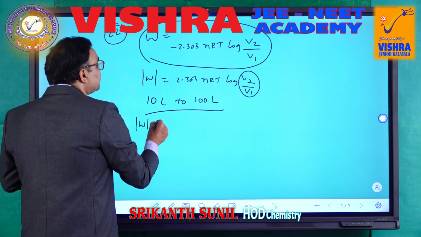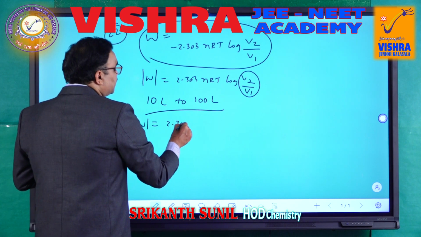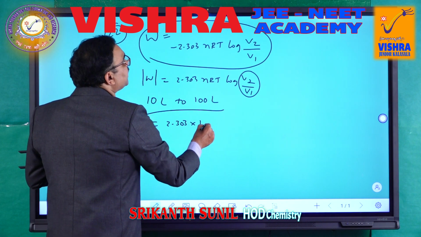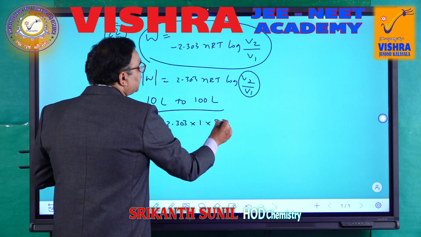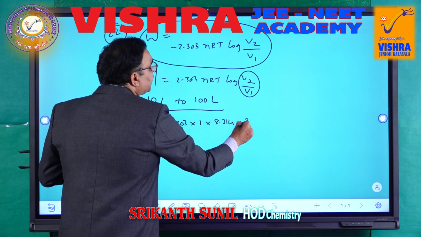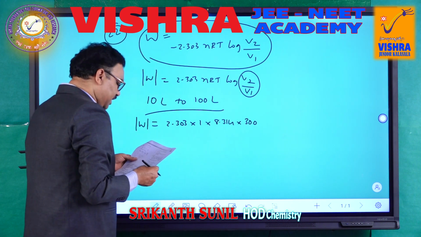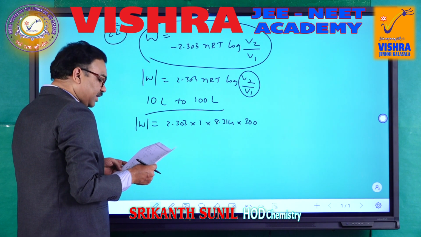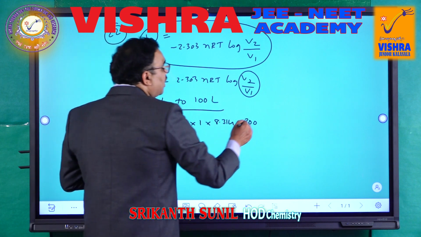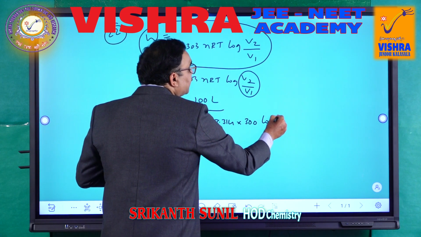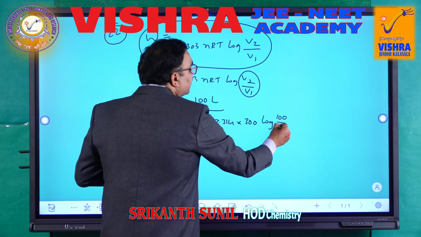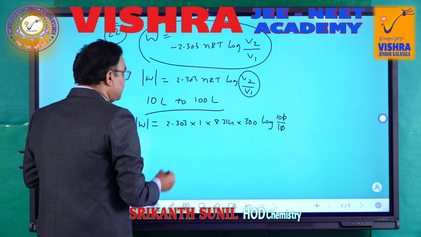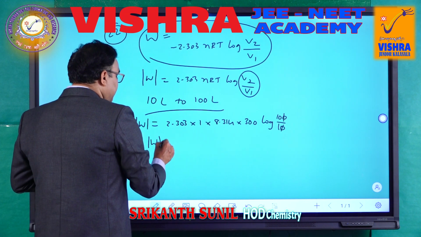Modulus of W is equal to 2.303 into 1 mole of an ideal gas into 8.314 into temperature 300 Kelvin, given in the problem. Then we can write log of 100 by 10, which is log 10, which is equal to 1, and you multiply.